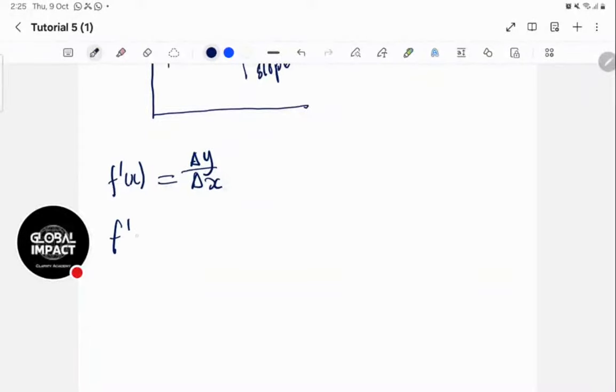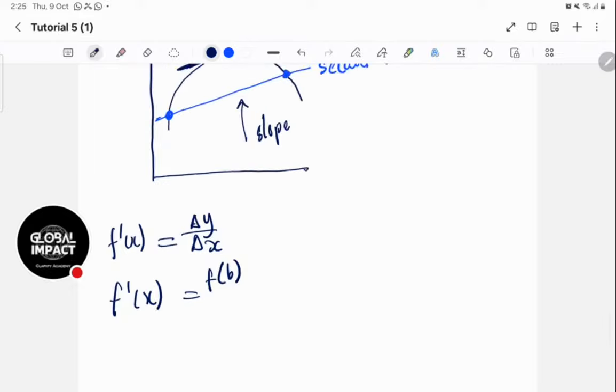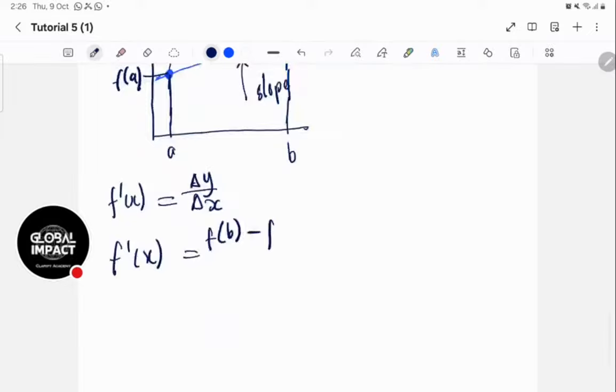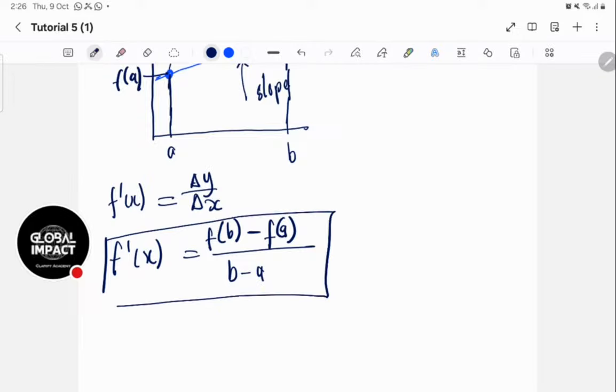So f prime of x is going to equal the change in y, which will be f of b, because this second point down here we are going to call b, and here we call it f of b. That's the final position. Then here, since it's on the left, this is going to be a, and we call this f of a. So this is going to be f of b minus f of a, change in y, over change in x, b minus a. This is going to be the same. So there is a point.